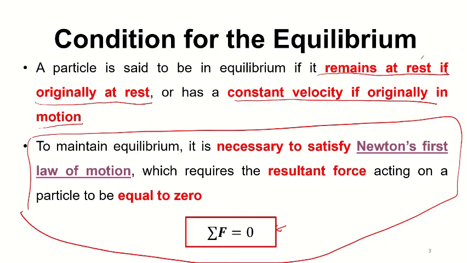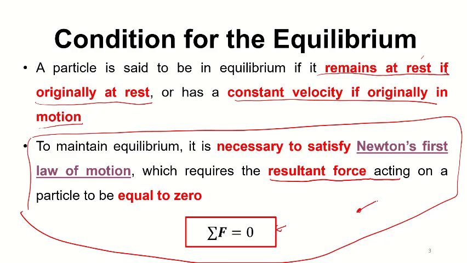This requires the resultant force acting on the particle to be equal to 0. So for a particle to be in equilibrium, the resultant force acting on the particle should be equal to 0. This word is very important: resultant force acting on the particle, not just forces.